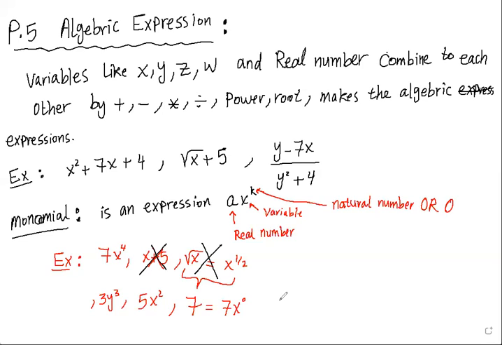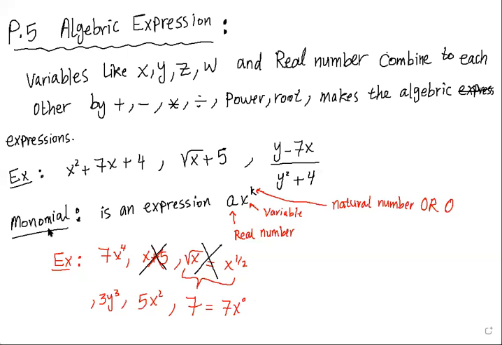Any real number is a monomial. Okay, hold on one second. Okay, so now this is the definition of monomial.